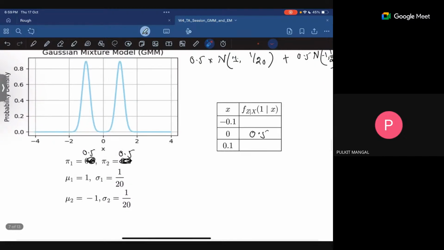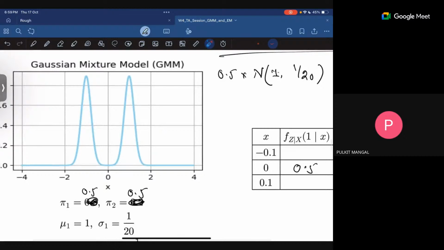Now the reason why the negative will have the high probability of coming from cluster 1 while the positive will have low is because here, if you see, you can clearly separate your components. As we discussed before, it's more likely that the negative data points are coming from cluster 1 and the positive data points are coming from cluster 2.